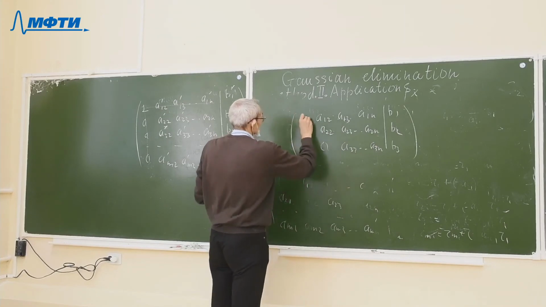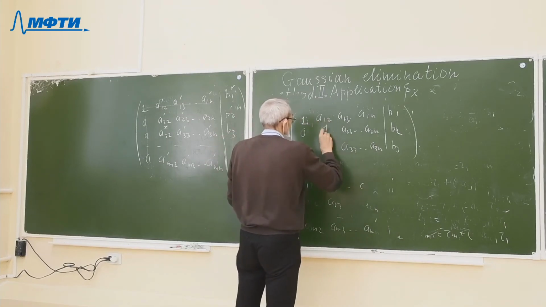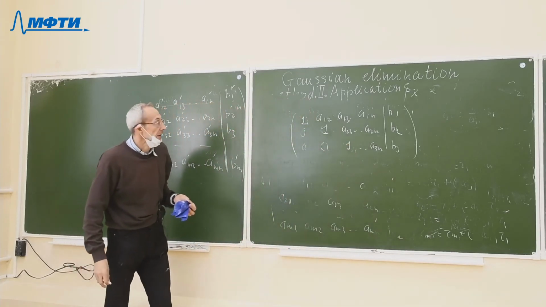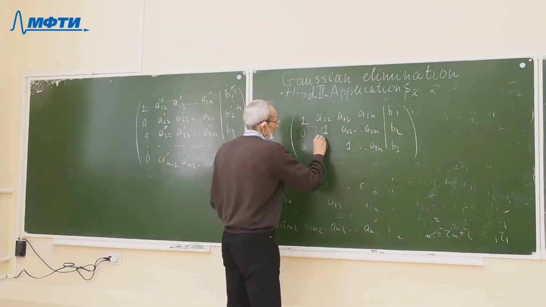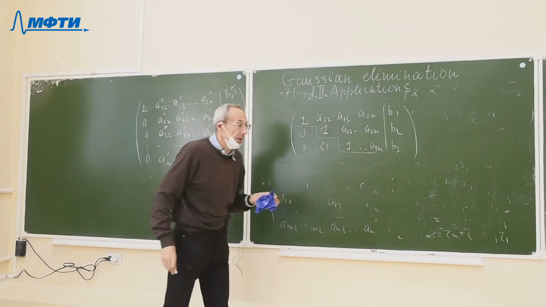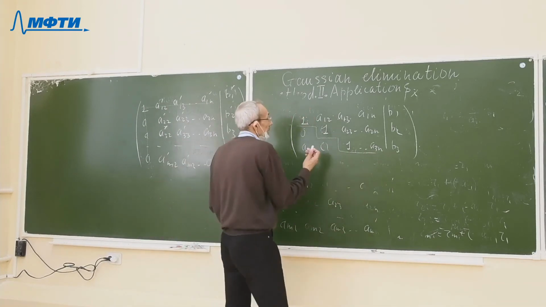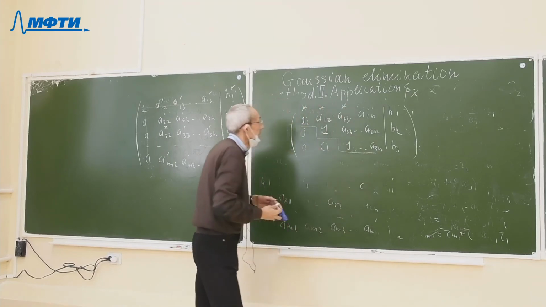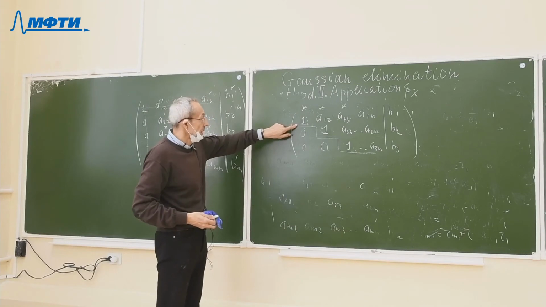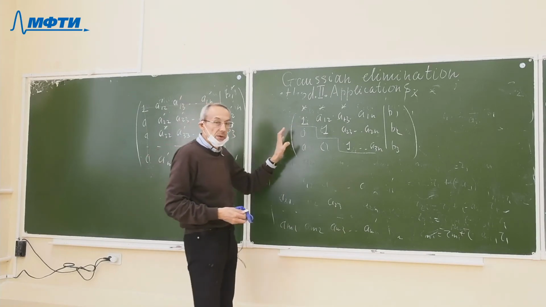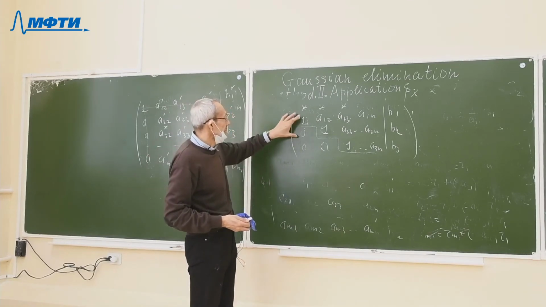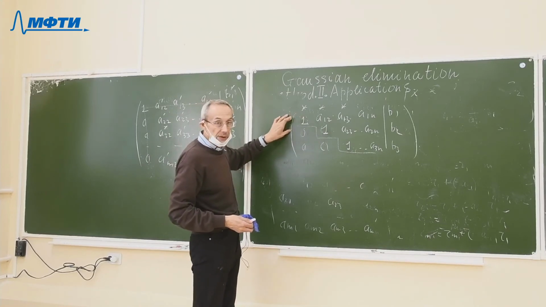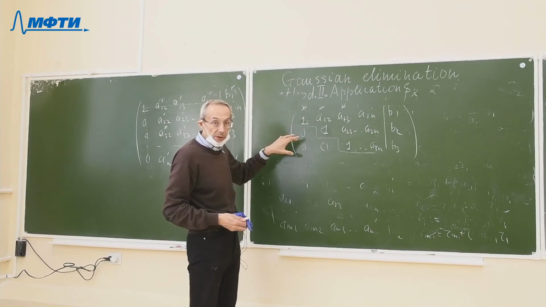This element is equal 1, this element is equal 1, and this element is equal 1. And we have reduced echelon form in this partial case. And our aim is to transform the matrix which contains the leading element into an identity matrix.